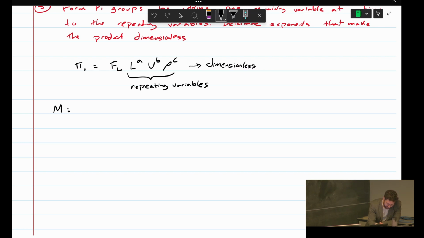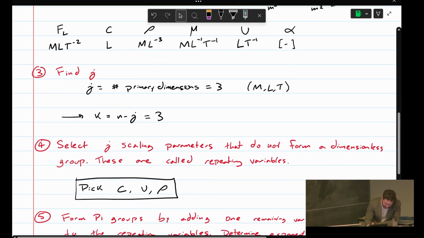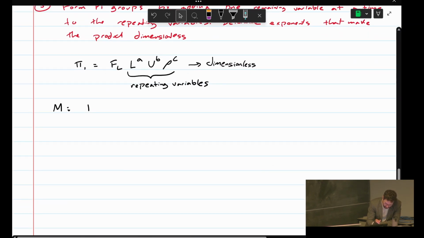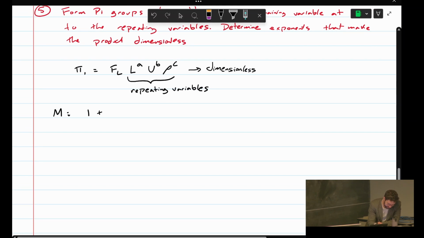So let's look at the M system of equations. Force has units kilogram meter per second squared. So that's m to the 1, again, you can look up this table, plus, sorry, I called this L again.